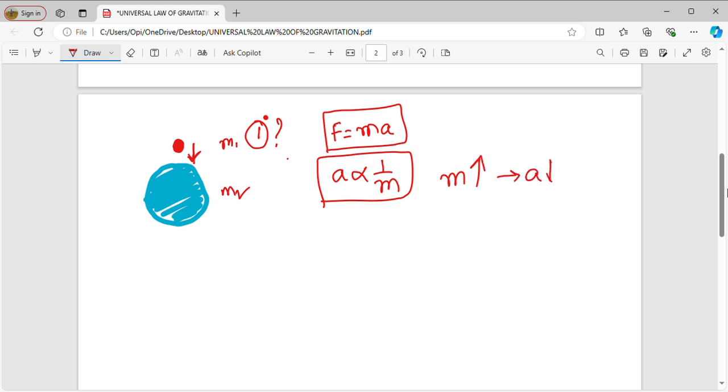If the mass is less, the acceleration produced in that body will be higher. In this case, the mass of the apple is very minute compared to the mass of Earth, so it will be subjected to higher acceleration. The mass of Earth is high, so it is subjected to less acceleration or no acceleration. That's why we can't see the Earth moving towards the apple. This is the reason for it.